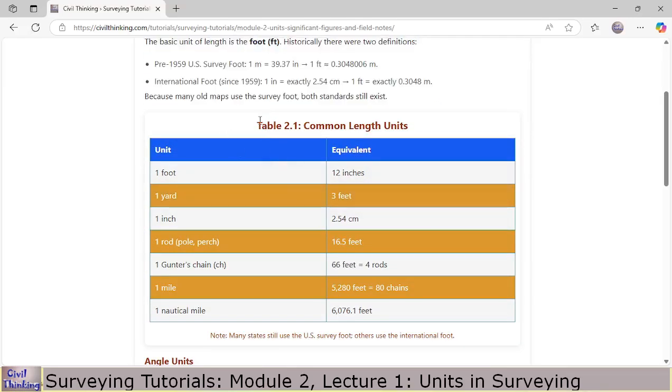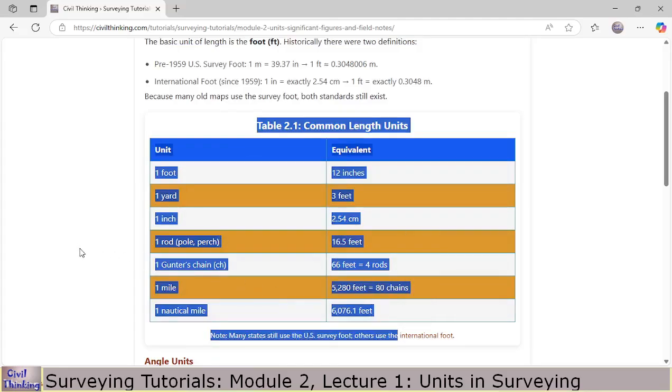Now let's see this table. 1 foot is 12 inches, 1 yard is 3 feet, and 1 inch is approximately 2.54 centimeters. In surveying we also use the rod, which can be called a pole or perch, and the length of one rod is 16.5 feet.